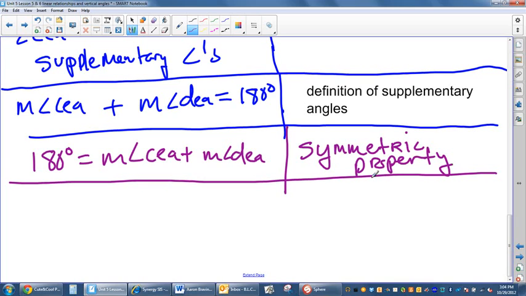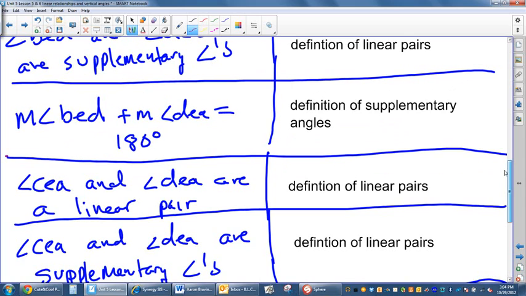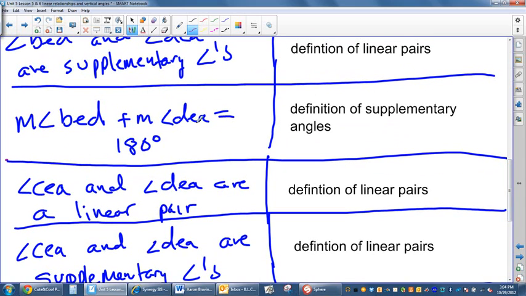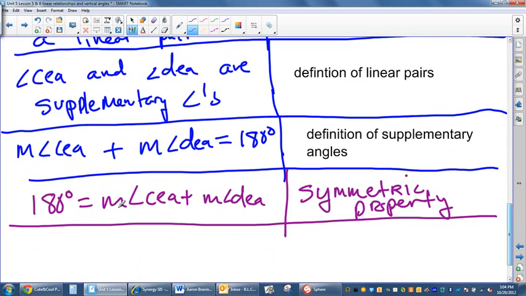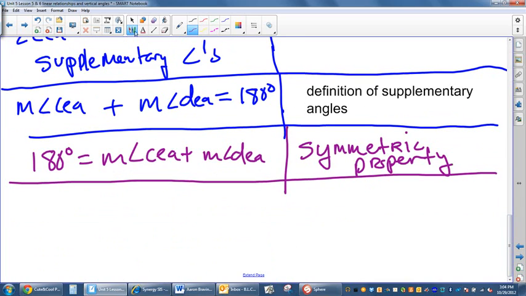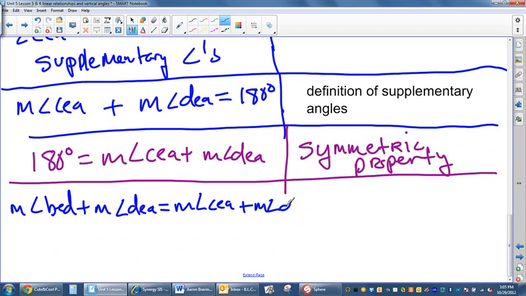All right. So if A equals B and B equals C, then A equals C. If we look up here, we have measure of angle BED plus measure of angle DEA equals 180. And right here we have 180 equals the measure of angle CEA plus the measure of angle DEA. So that allows me to write that the measure of angle BED plus the measure of angle DEA equals the measure of angle CEA plus the measure of angle DEA.